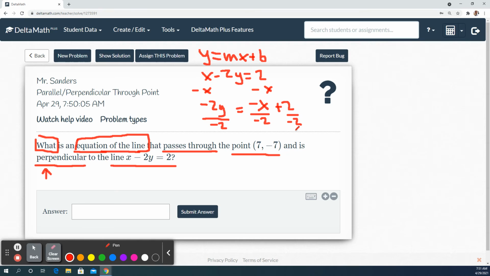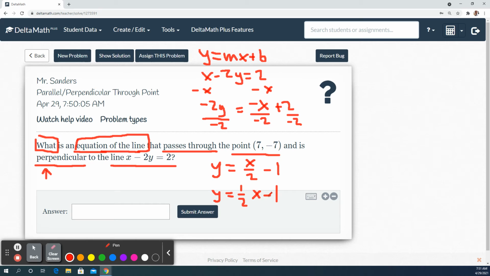What you do to one side, you do to every other side. Every term gets divided by negative 2. So that now gives us y equals x over 2 minus 1. Move that denominator out in front so we can see what the slope is.